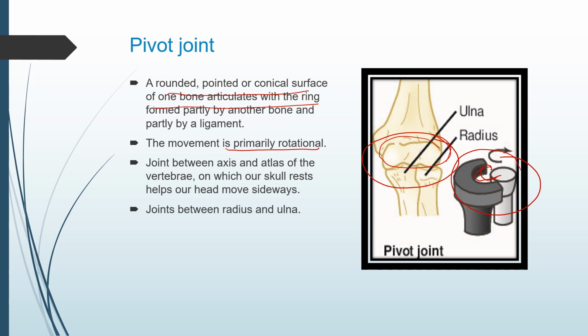So what are the examples of this type of pivot joint? The first one is the joint between the axis and the atlas of the vertebrae. When we are doing neck exercises and rotating our head, the axis and the atlas, the first two vertebrae, are rotating our skull. The skull rests on them, which helps our head move in a rotational movement sideways.